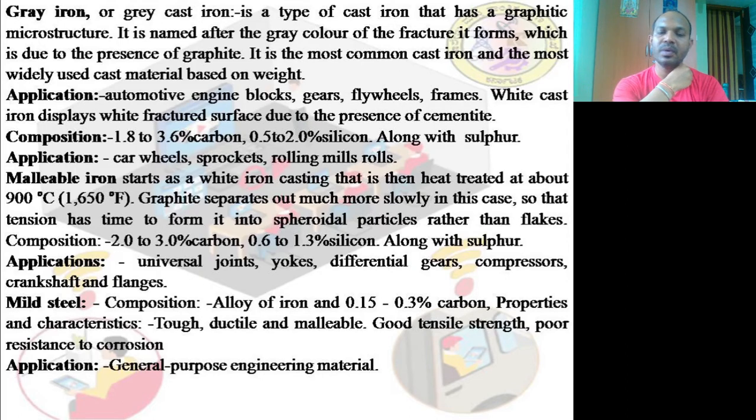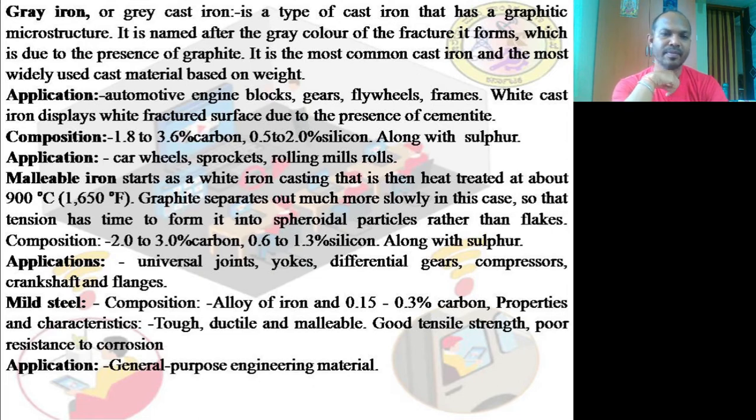Composition: 2 to 3% carbon and silicon around 0.6 to 1.3% along with sulfur. Applications: universal joints, yokes, differential gears, compressors, crankshafts, and flanges.